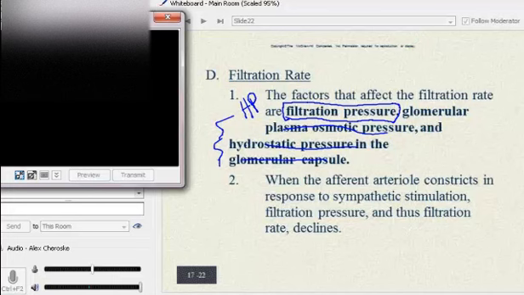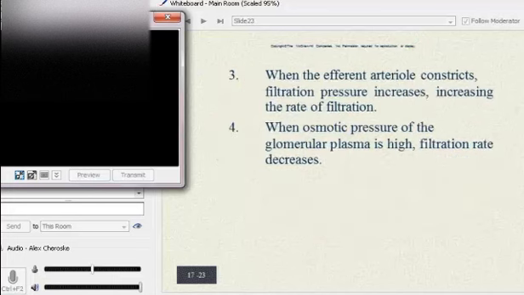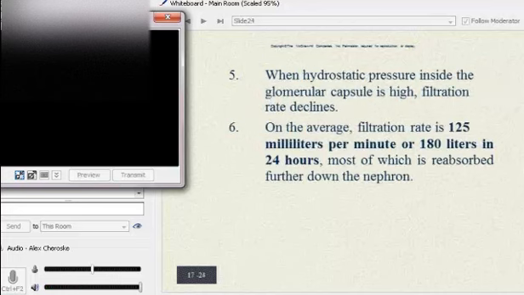That way, we can make sure that we always have enough filtration pressure for the kidneys to do their job. And these ones just say, in essence, if we change the outflow, this is efferent, right? If we constrict that, it's going to cause more of a backup, and there's going to be more filtration that occurs. So we can control that locally like that.